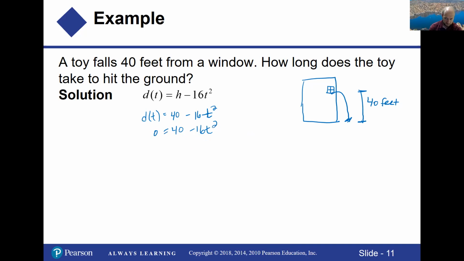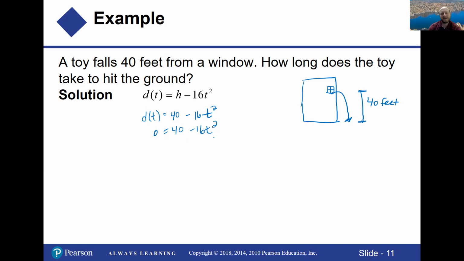It's 0 feet above the ground when the toy hits the ground. That's why you make this 0. And when we solve for t, that's going to tell us the time it takes for it to be 0 feet above the ground. Okay, so let's go ahead and do that.